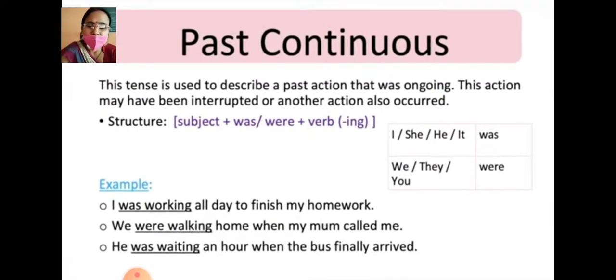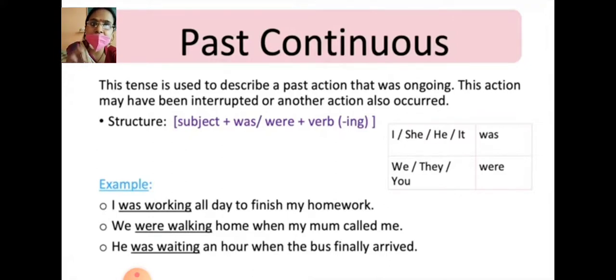That is past continuous. Students, I believe that this continuous you have already understood very well. Whenever we talk about continuous, ing, it means verb plus ing should be there. What you have to take care of now? When we studied present, at that time we used is, am, are.